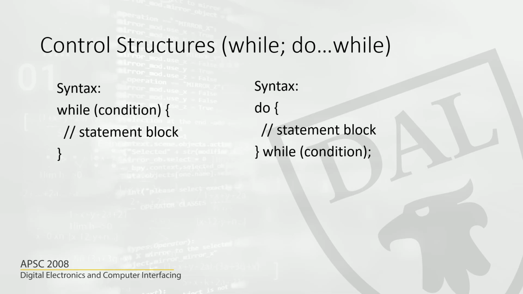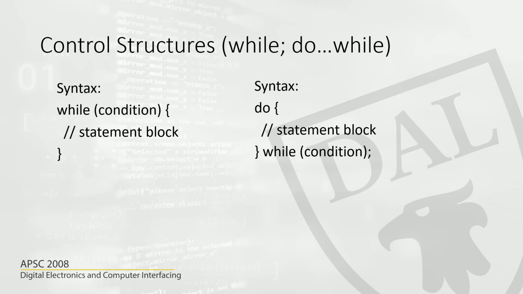There's a difference between while and do while. In while, the statement blocks are executed only when the condition is true. In do while, it will execute at least once, so it will do it anyways. So let's say here I will turn off the light bulb anyways and then check the condition.